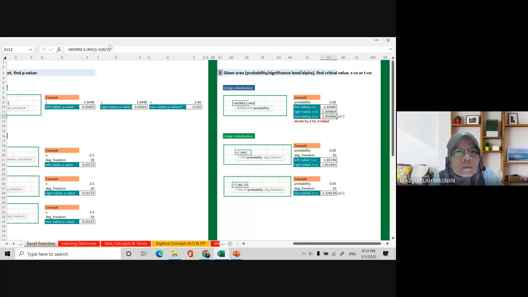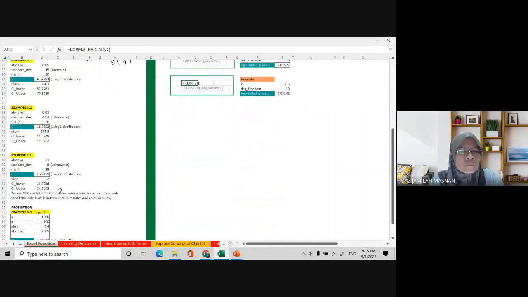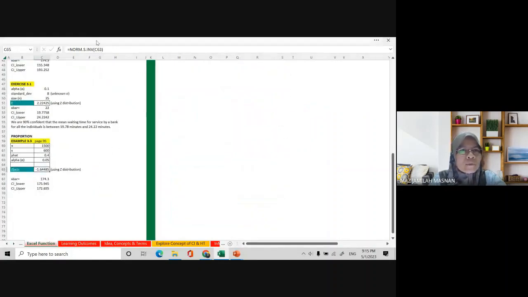This one is NORM.S.INV of 1 minus alpha over 2, so that it will be positive. 1 minus C63 over 2. Okay, you get 1.96 as what you got in your textbook.